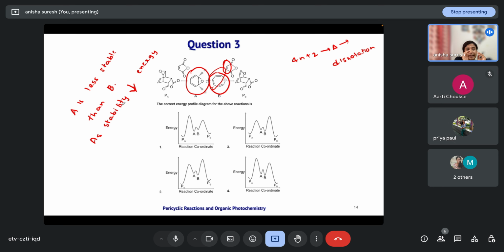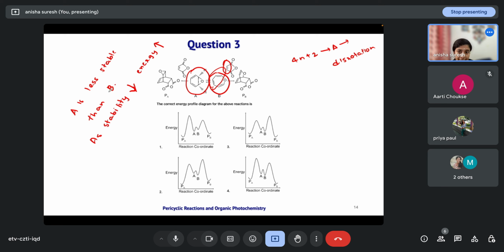If a structure is less stable, it will be more energetic, right? Stability and energy are inversely related. So if stability is decreasing, energy will be increasing. So in this diagram, A should be having more energy than B.